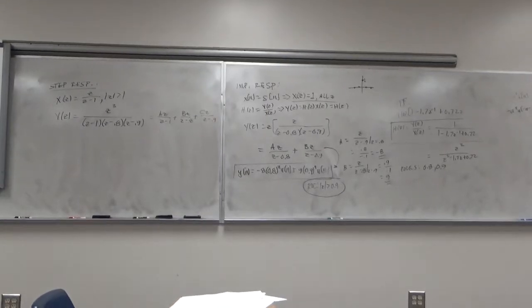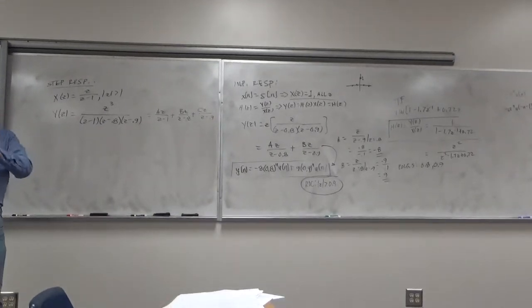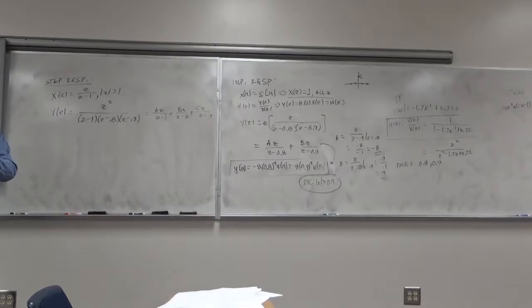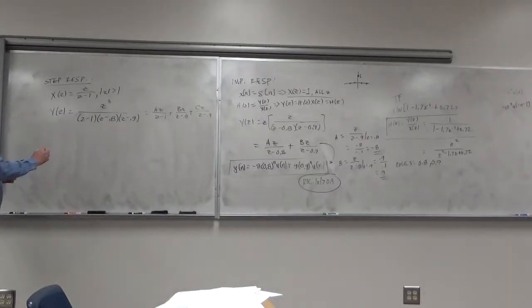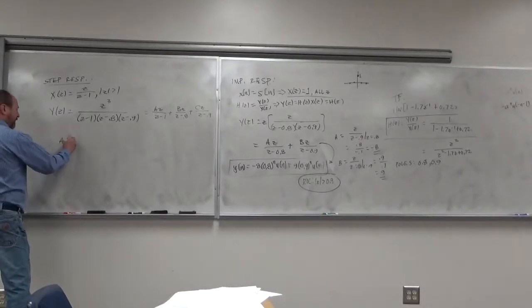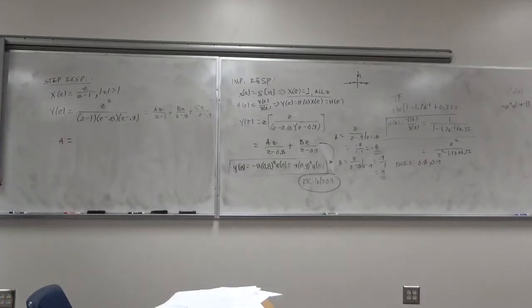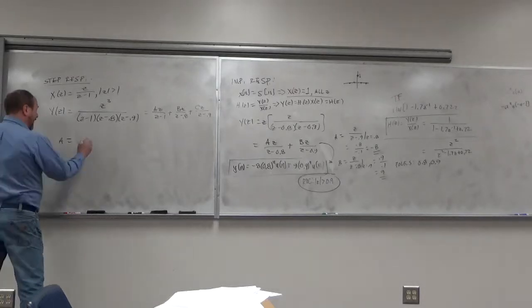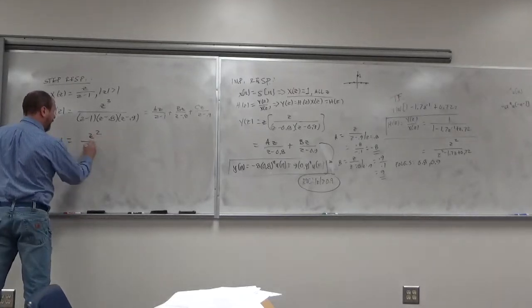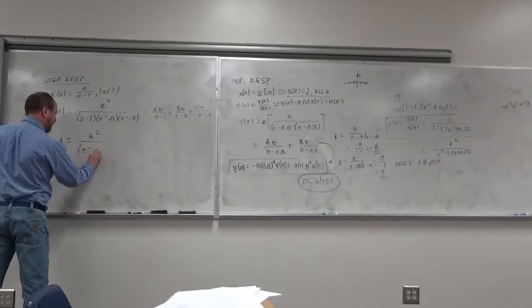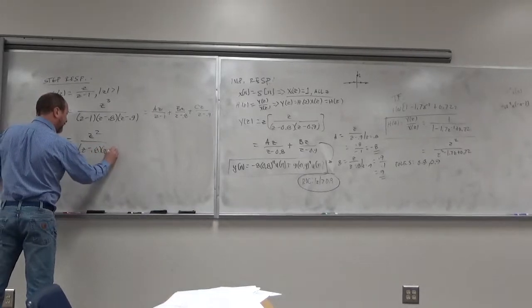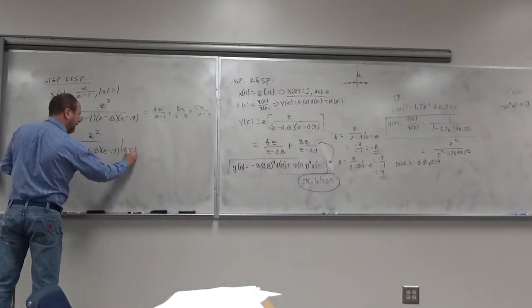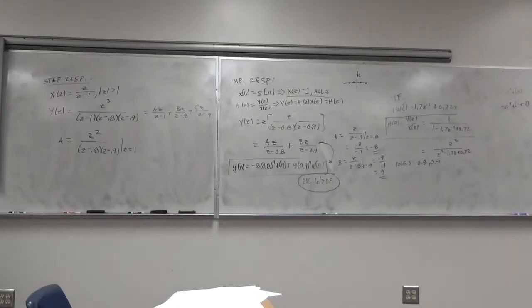Excuse me. Is the order all right? Let me just make sure we understand how we're doing this. The A, we would find, and I am going to find A, because A is more important to me than B and C, and you all should know why. A is going to be z squared over z minus 0.8 and z minus 0.9, and I'm going to evaluate it at the pole, z equals 1.